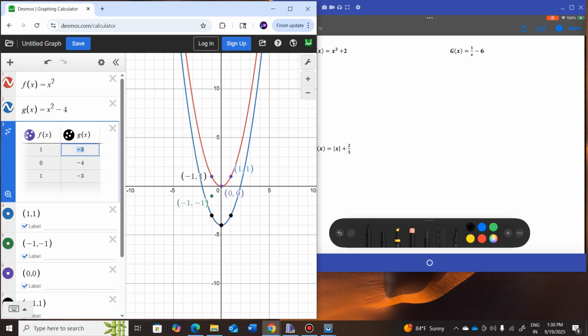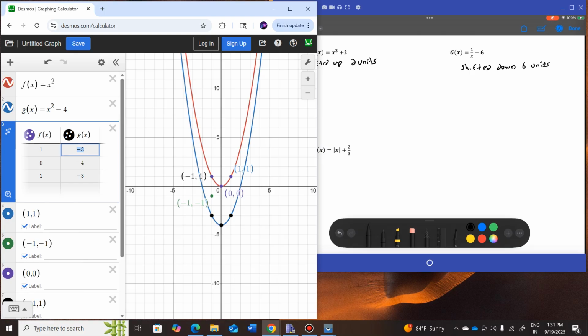So we can look at some more with shifts. But before we do this, we're going to basically look at what we have and say what's going to happen. So x cubed graph, we're going to have that graph be shifted up 2 units. 1 over x minus 6, this is shifted down 6 units.